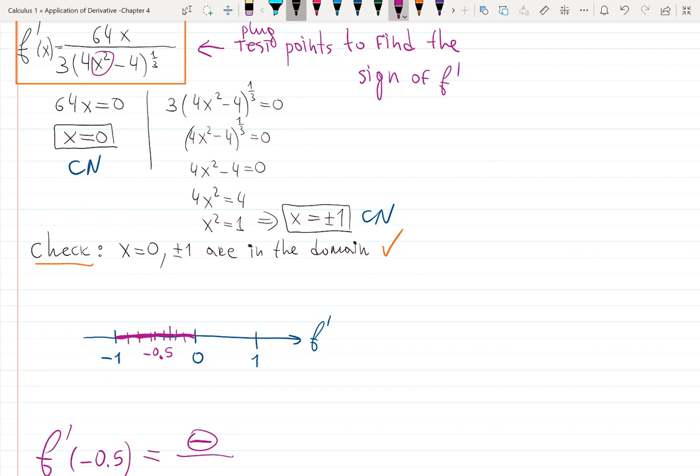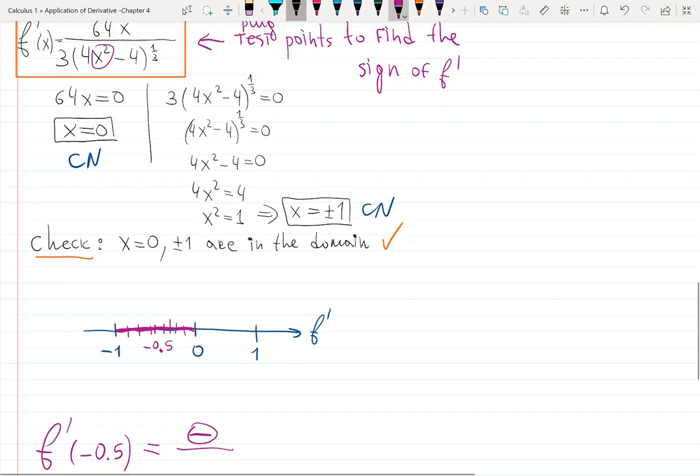Well, what I know here is 0.5 squared becomes a smaller number. Times 4, it becomes even smaller. No, it's still actually pretty good number here.